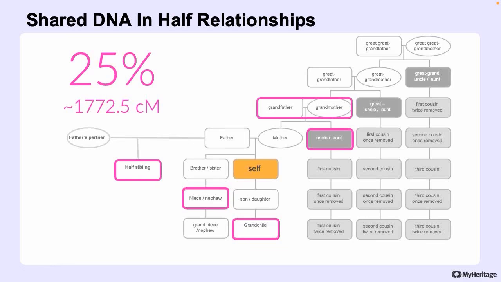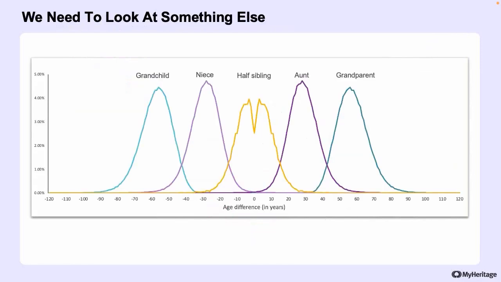So there is another relationship type that comes into the equation. Now, if I know that I have a half sibling and I expect to get a match with a half sibling, then everything is perfect. But what happens if I don't know? And what happens if this half relationship can also be a first cousin or half first cousin or half second cousin? So we need to look at something else. We need to look at more data points.